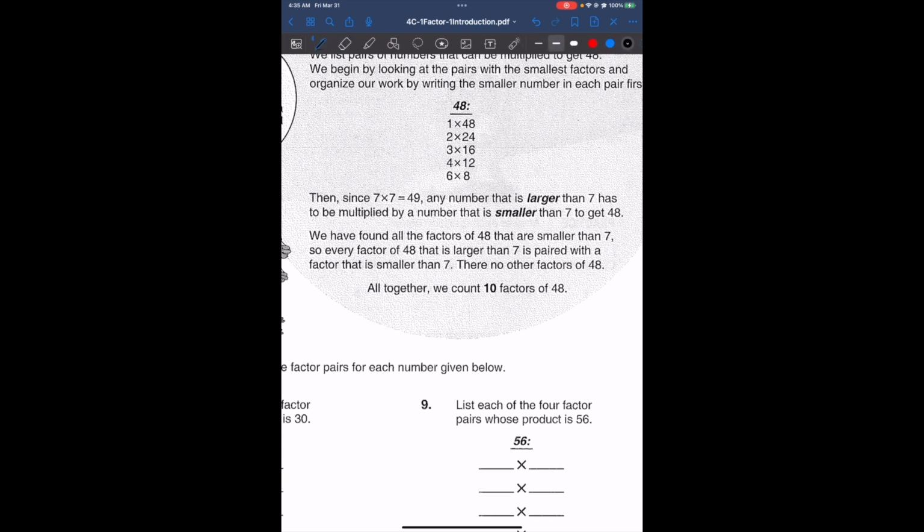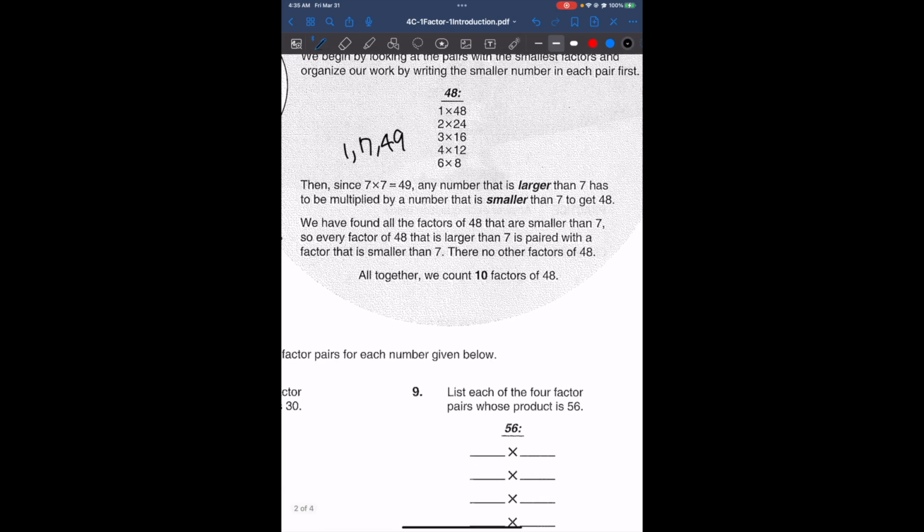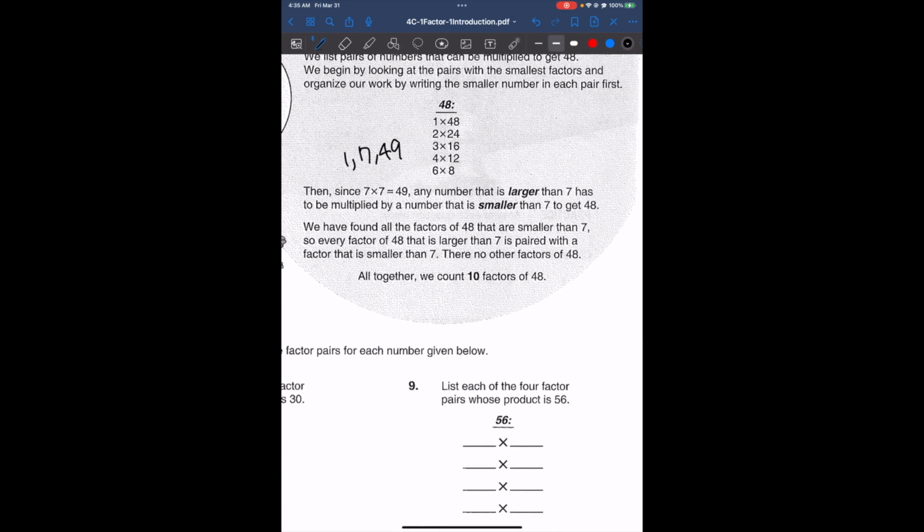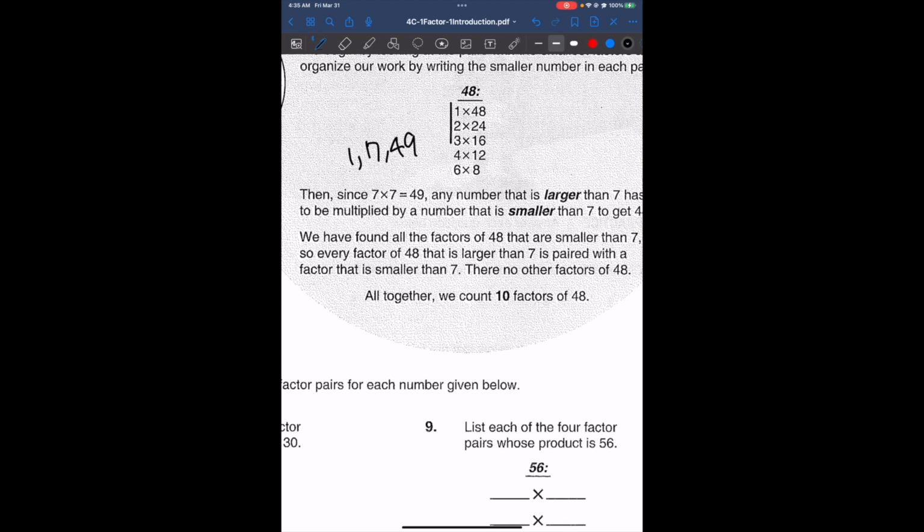So for 49, we would say that 1, 7, and 49 are factors of 49. So for 48, we have 5 pairs, so that means we have 10 factors of 48.